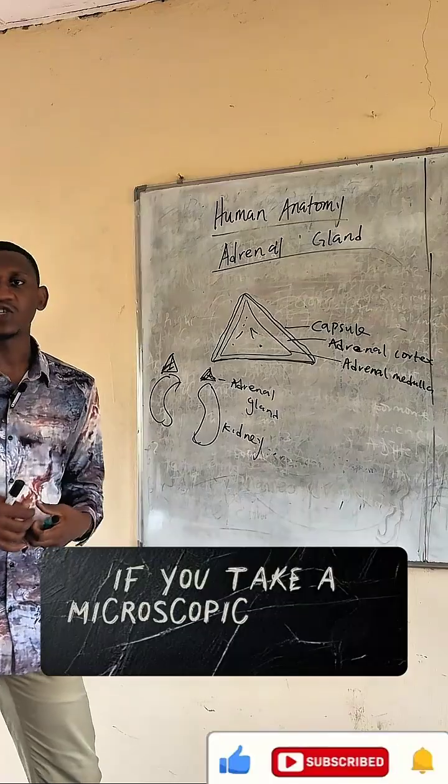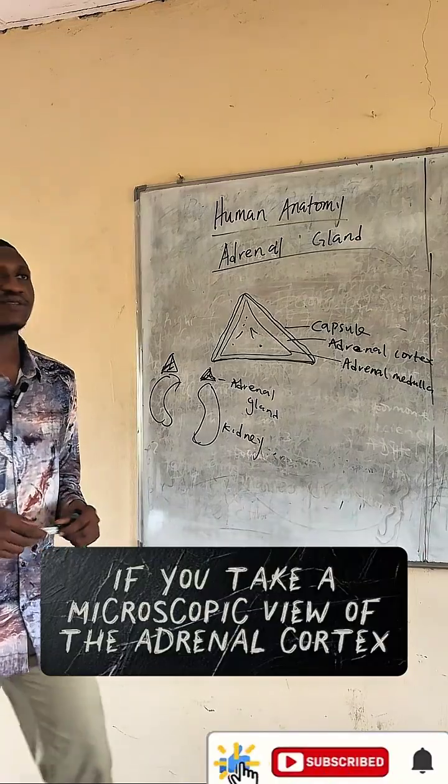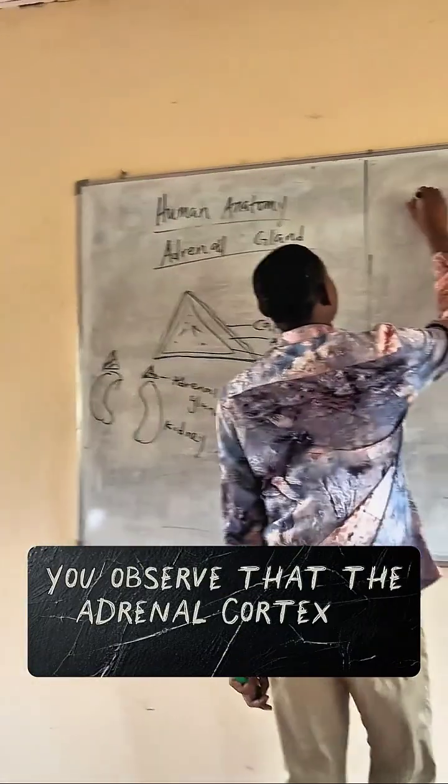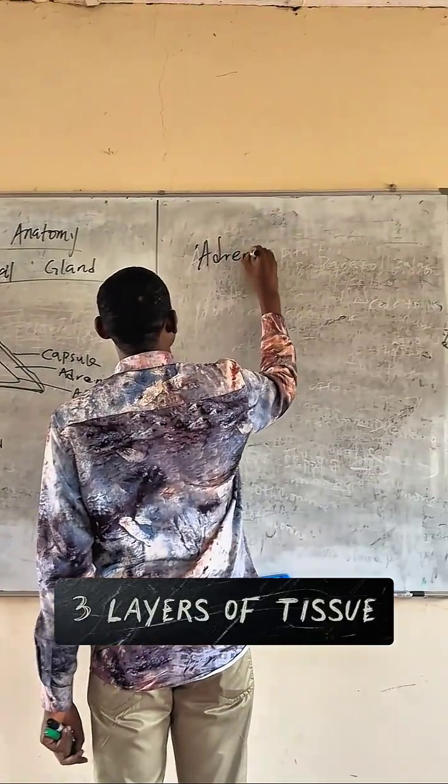If you take a microscopic view of the adrenal cortex, you observe that the adrenal cortex is composed of three layers of tissue.